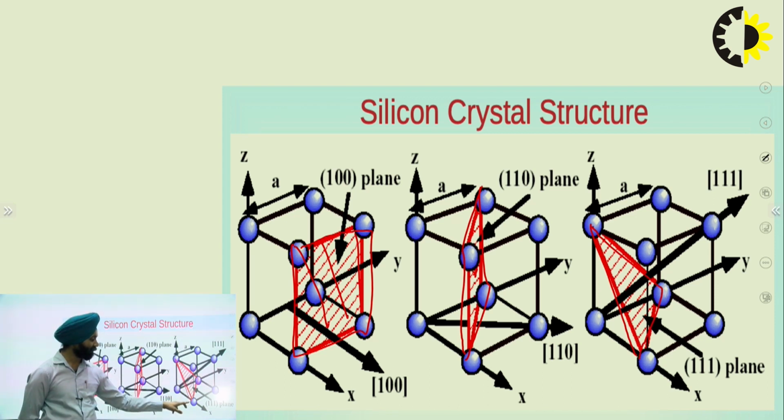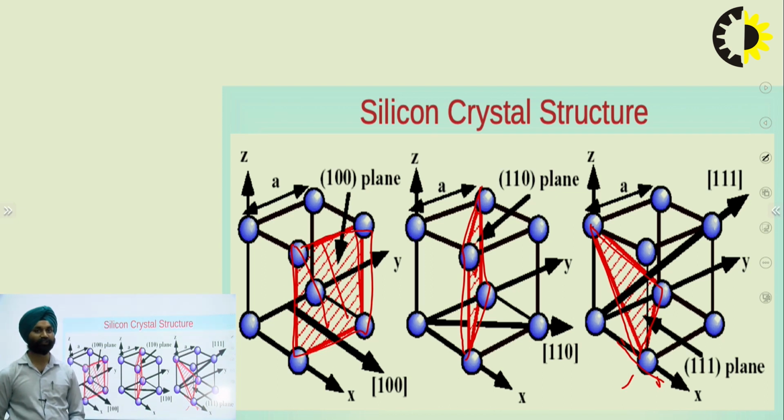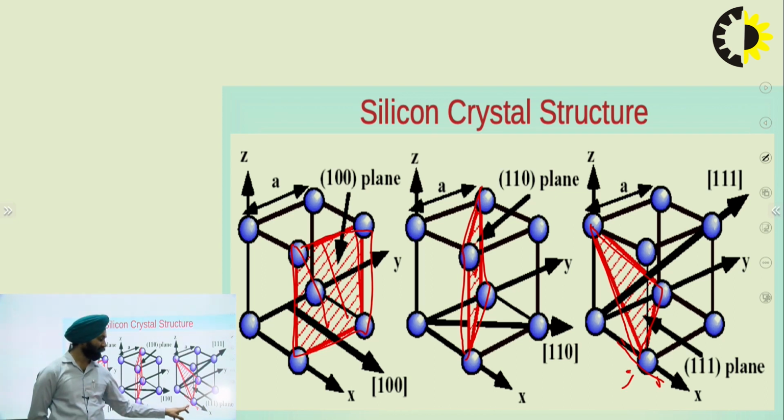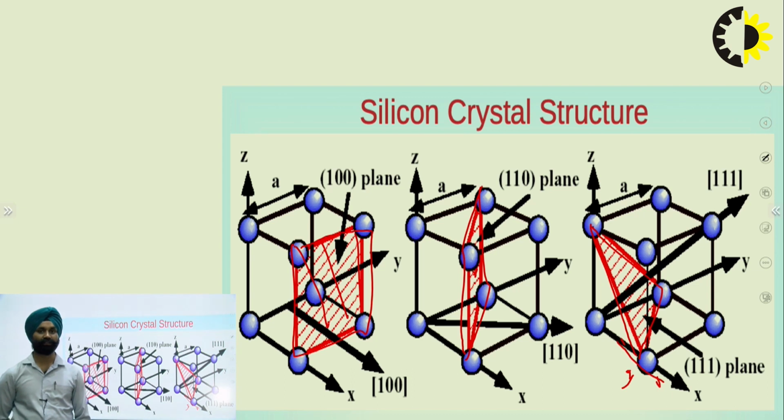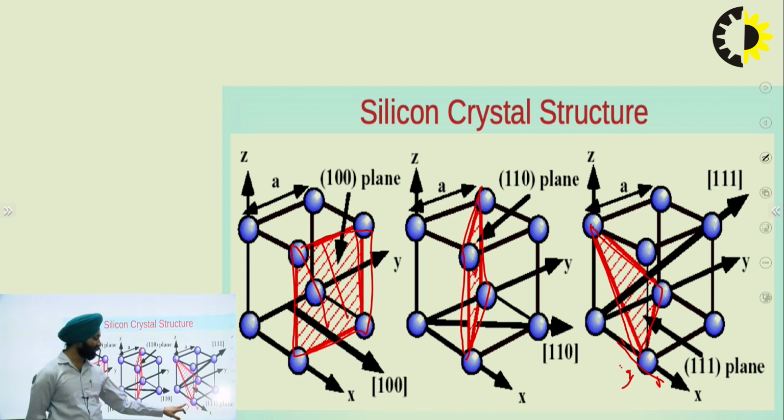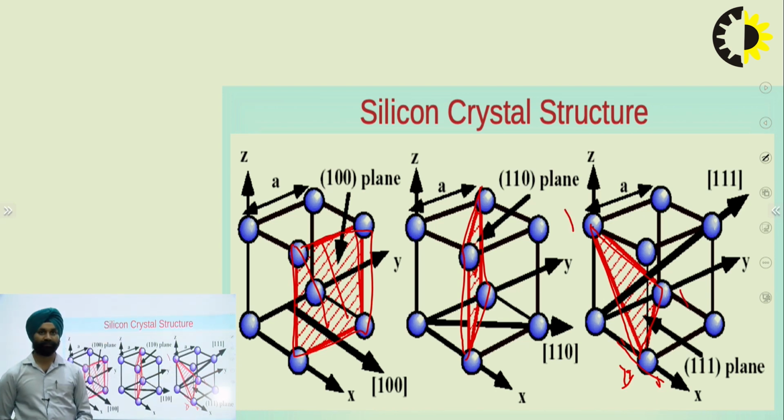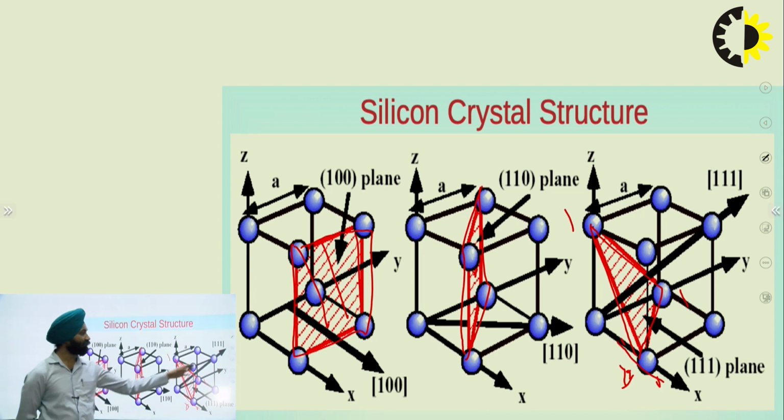So this atom has x-axis as 1, as it is a unit cube. So x-axis is 1, y-axis is 1, and z-axis is 1. So it is 1 1 1.